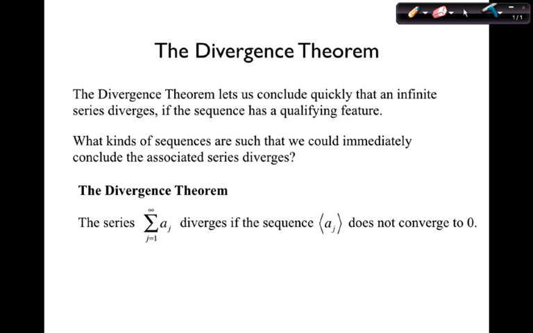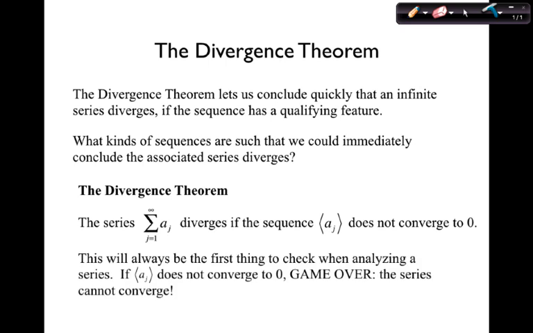This is the first thing we're going to look at in the sequence, because if that sequence doesn't converge to zero, we're done, right? Game over. The series cannot converge if the sequence does not converge to zero. Again, this should make sense, understanding sequences and series.